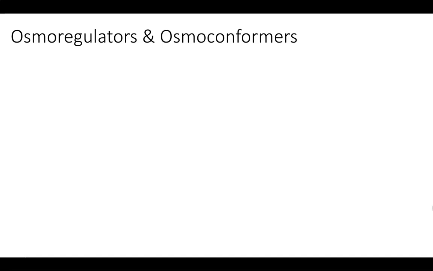So, osmo comes from the word osmosis, and you would remember that osmosis refers to the movement of water molecules, specifically across a semi-permeable membrane from a region of low solute concentration to a region of high solute concentration. So that means where there's not much water, but there's high salts, that water will move into that region to bring an equal concentration.